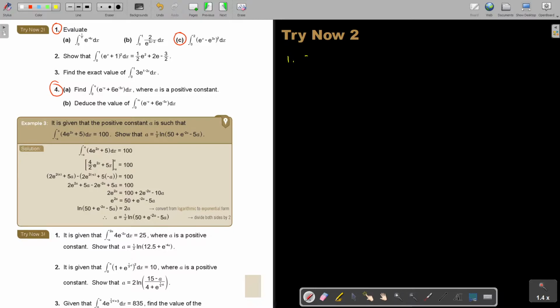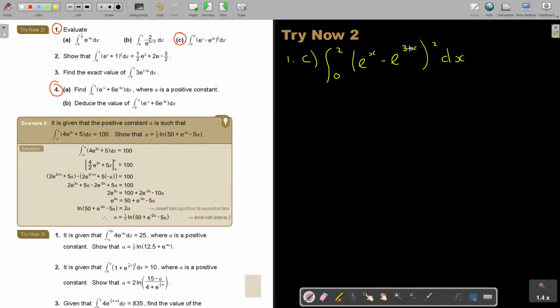Number 1C. Okay, there's the integration, between 2 and 0, of (e to the power of x minus e to the power of 3x) squared dx. Okay, this is very, very important. I gave you this one. Remember, you cannot square in. There are 2 terms inside.